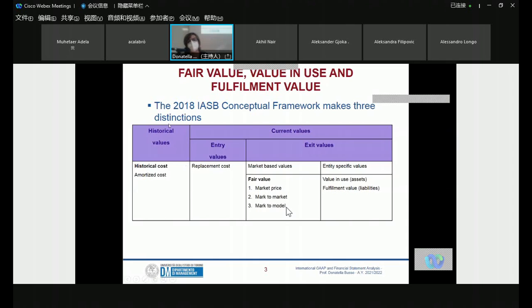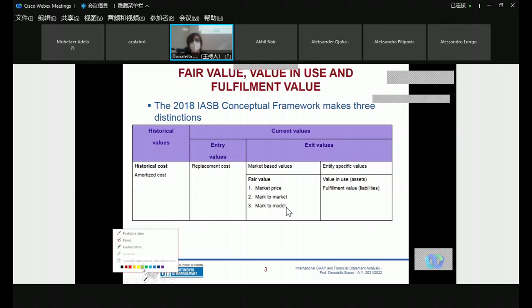The first type of measurement basis are the historical values, and in particular the historical cost. And in a few minutes we will use the historical cost for tangible asset.